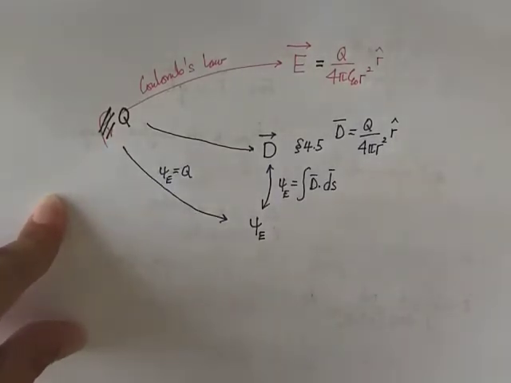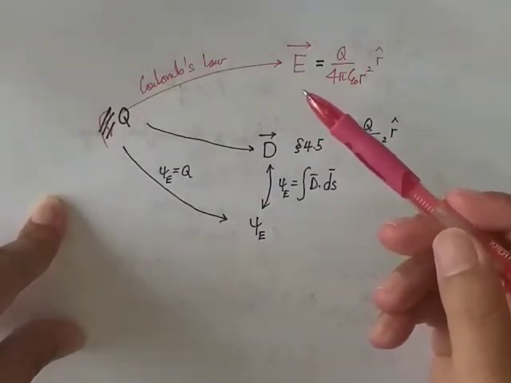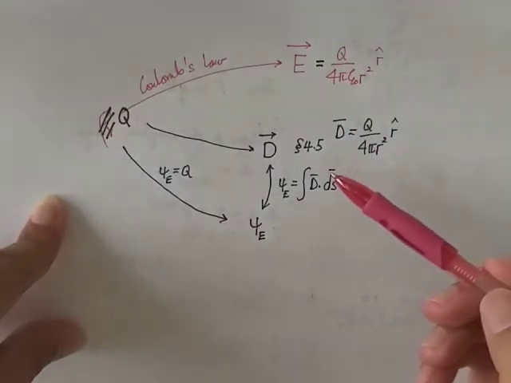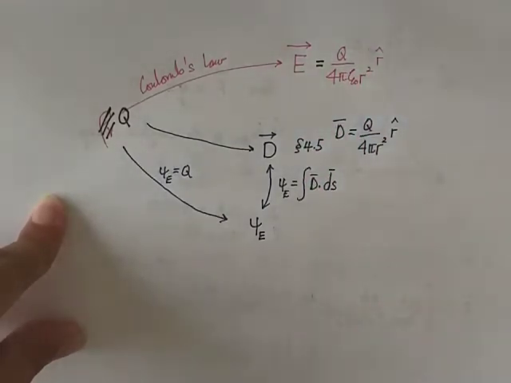So let's compare our E and D. You can see there are a lot of similarities. What is the E? Electric field intensity. What is the D? Electric flux density. But when we compare these two together, we can see there's some sort of nice arrangement that we can relate together.